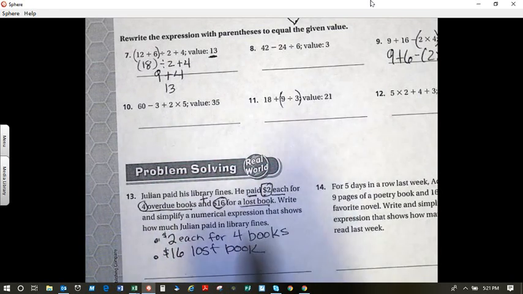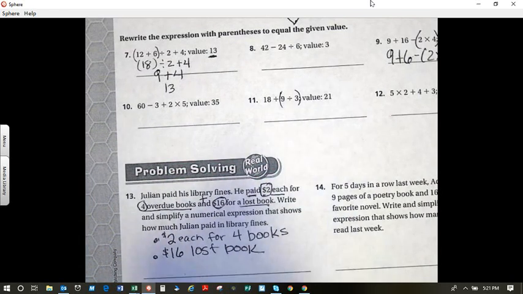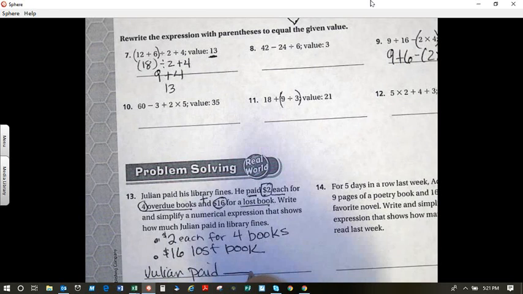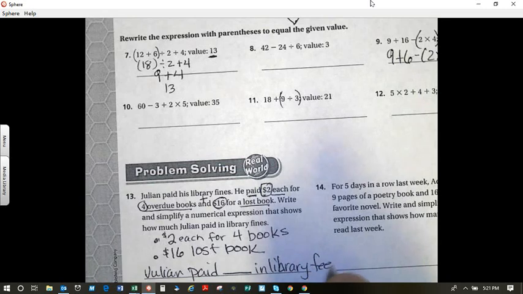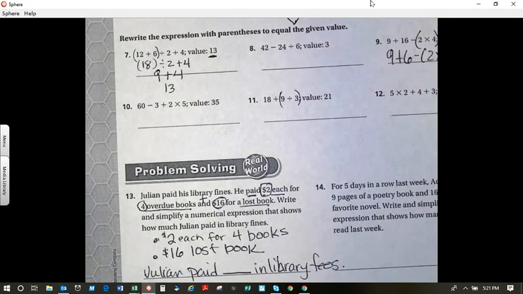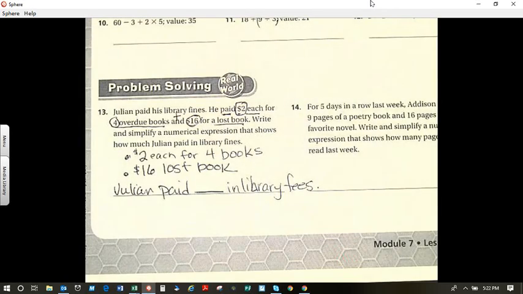And we need to find out how much Julian paid. So Julian paid blank in library fees. Remember, this is what I told you that I need you to start doing, because as those word problems become a little bit more complicated, it won't be complicated if you are following the directions.